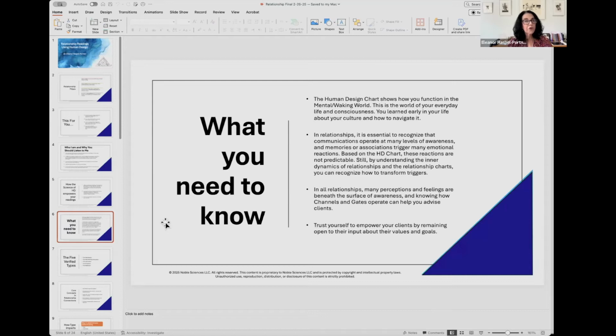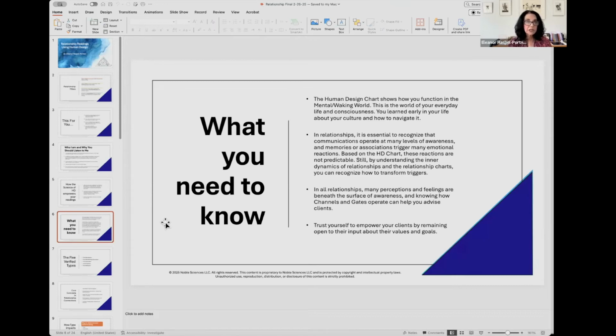As you're growing up, you learn what's acceptable in your culture and what's not acceptable. And also in relationships, communication happens at many different levels of awareness. So you can't, from a human design chart, really predict how somebody's going to react.